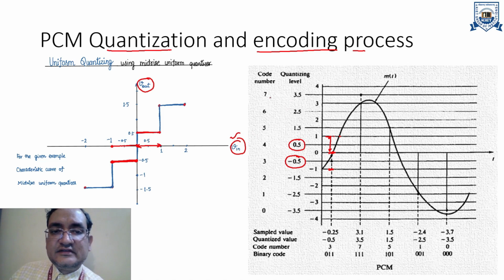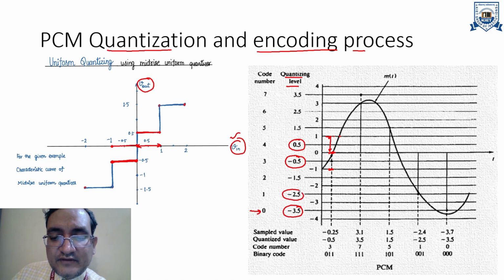Now, after the quantization level has been identified, the encoding process is done. For example, -3.5, let us suppose, is the minimum quantization level, so I have considered this as 0, -2.5 is considered as 1, and as the quantization level goes towards the higher value, this is 3.5, so the highest quantization level is 7. So 0, 1, 2, 3, 4, 5, 6, 7 are the 8 coded values.